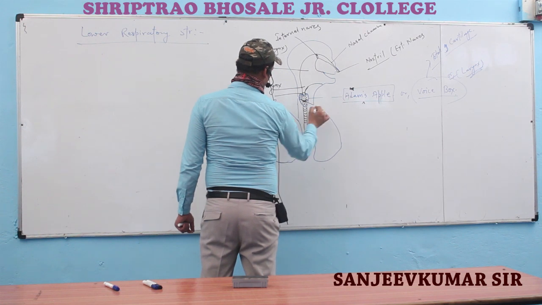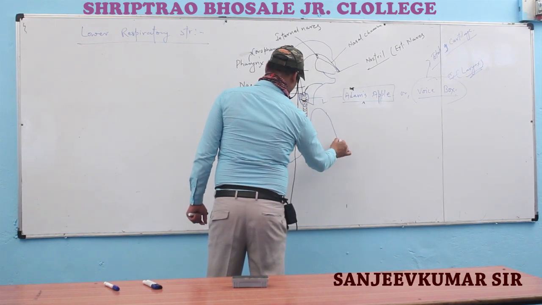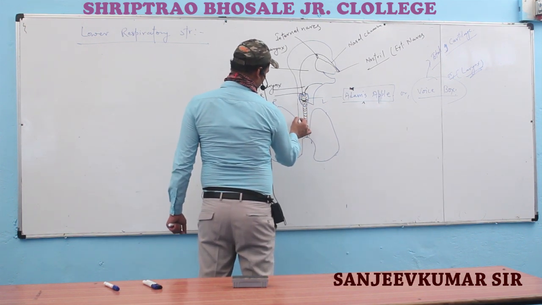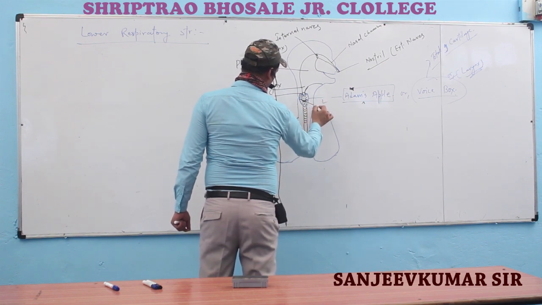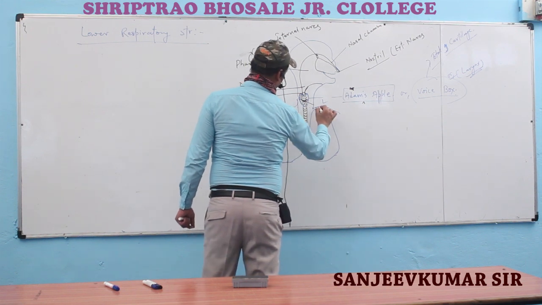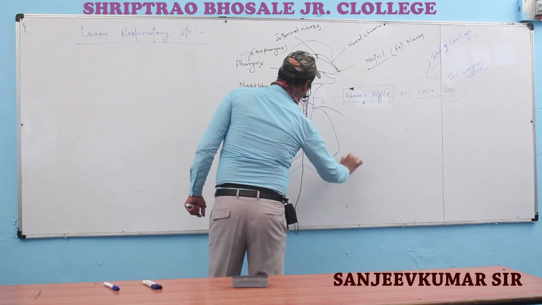This is the right and this is the left, little narrower. This is the right lung. This is the shoulder, and in this the thoracic cavity.